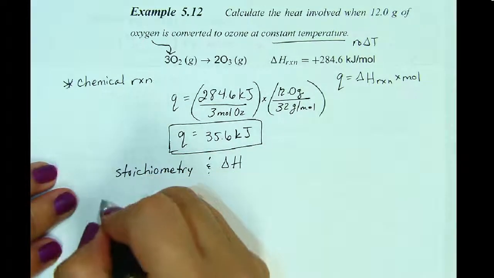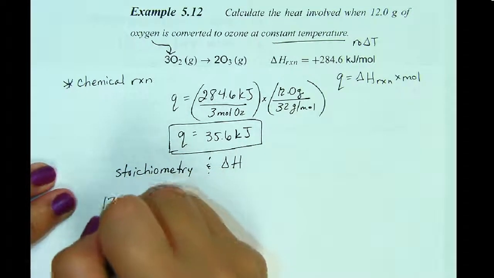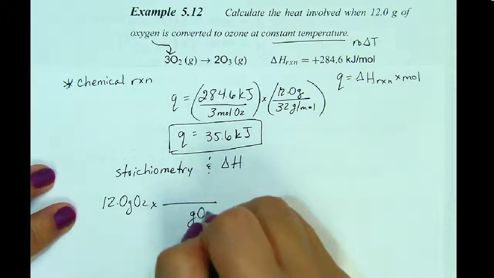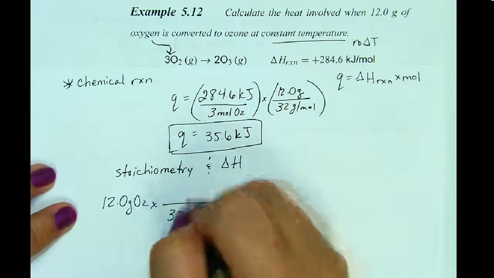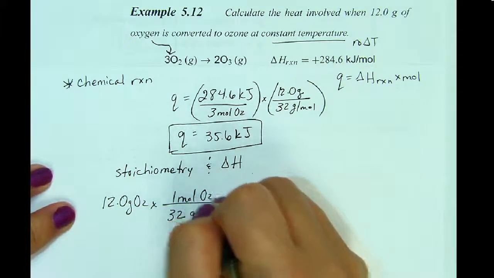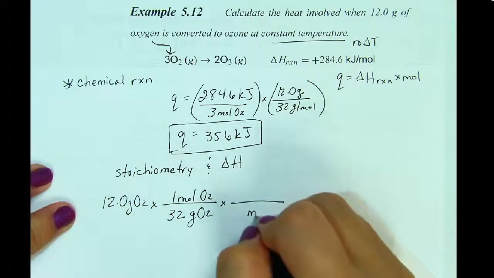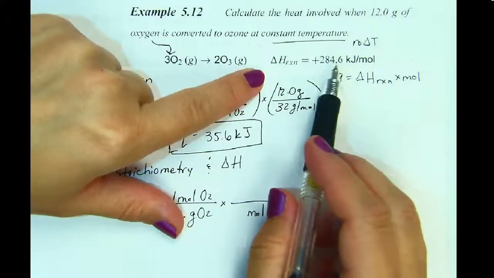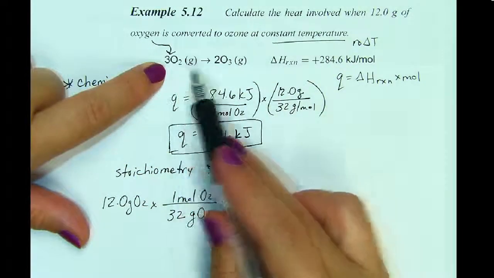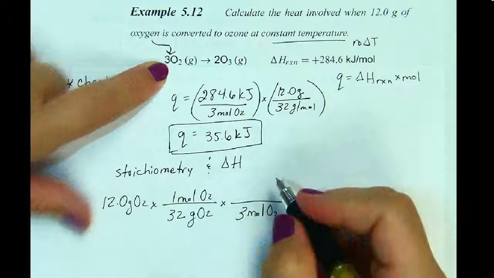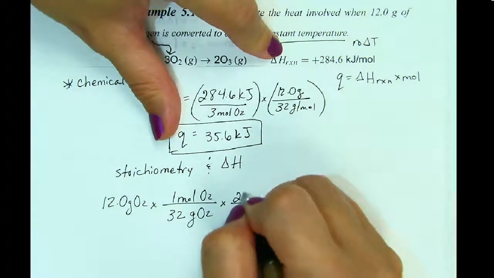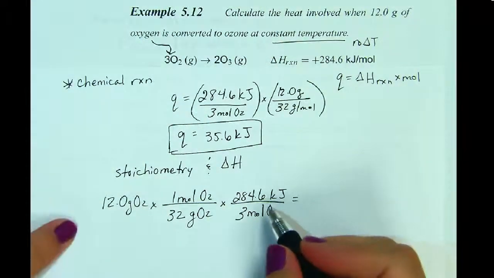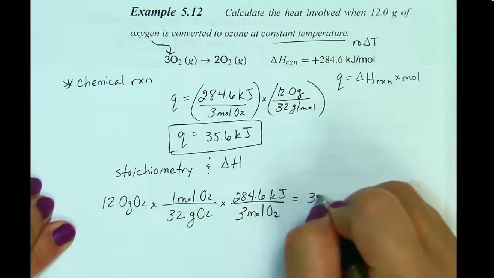And so what we've learned thus far is take the 12.0 grams of oxygen, change from grams of oxygen to moles by using the molar mass in the periodic table, and then use this constant right here, that for every 3 moles of oxygen that reacts, we have a delta H of 284.6 kilojoules. And when you do this math, you're going to get the same thing.